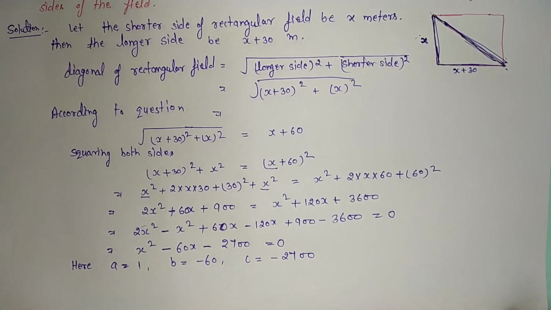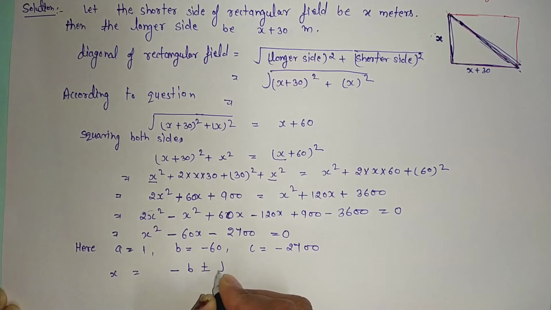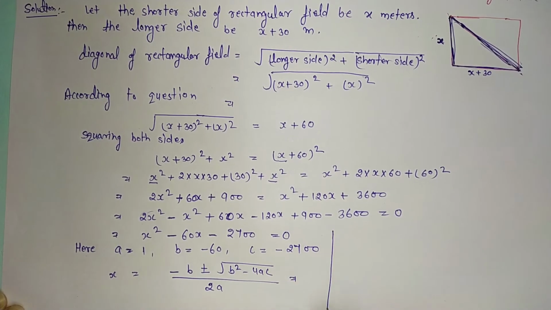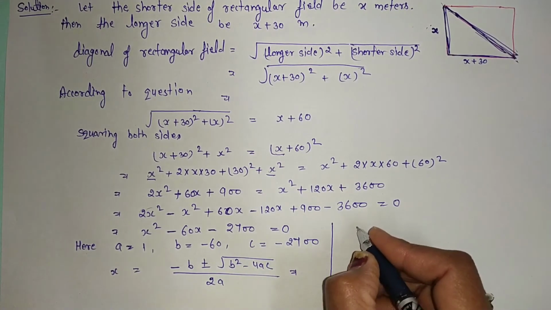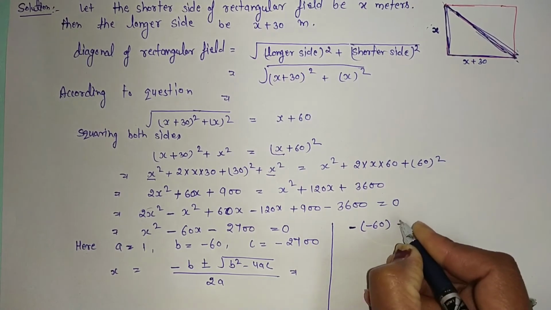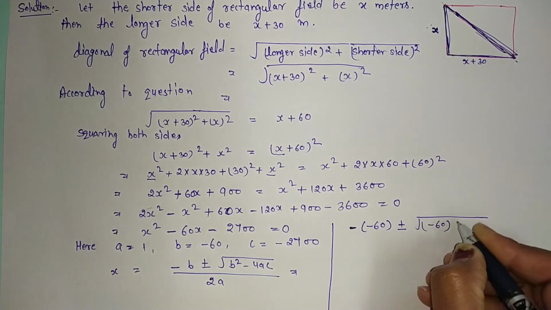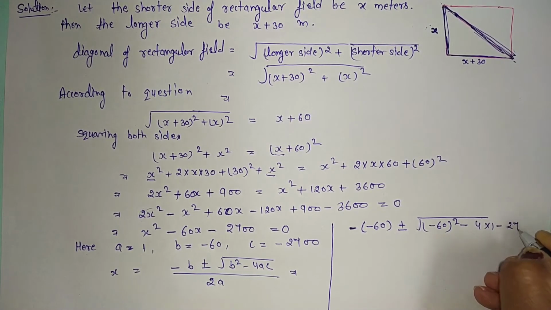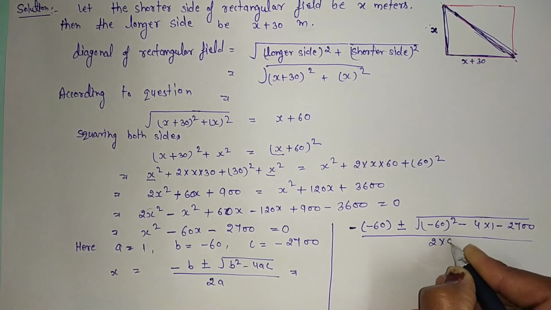By using the quadratic formula, minus b plus minus square root of b squared minus 4ac divided by 2a, by putting the values of a, b, c, we get minus of minus 60 plus minus square root of (minus 60) squared minus 4 times a, which is 1, times c, which is minus 2700, divided by 2 times a, which is 1.